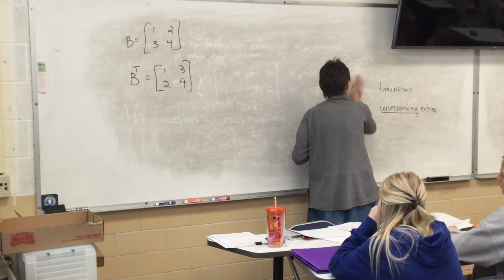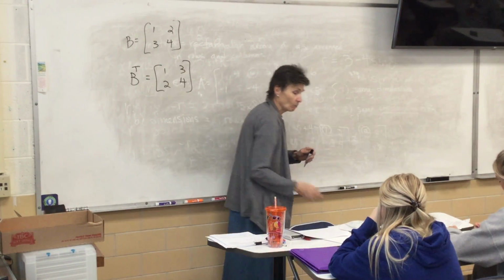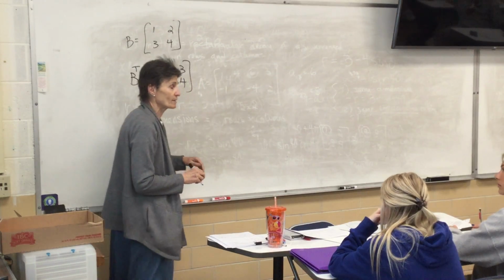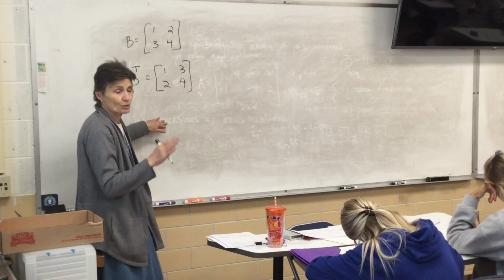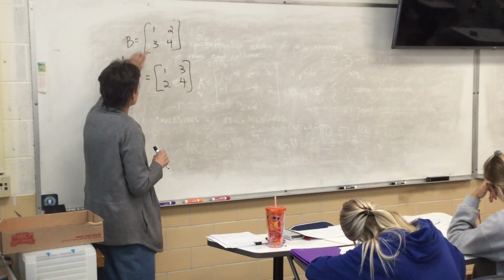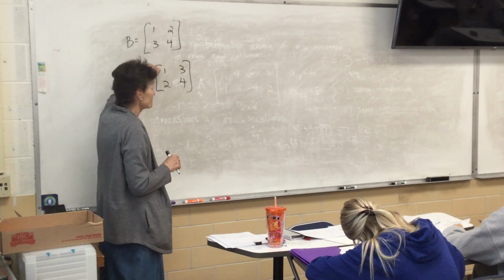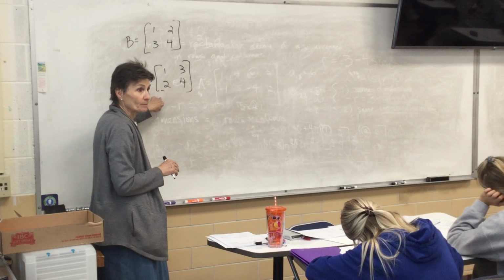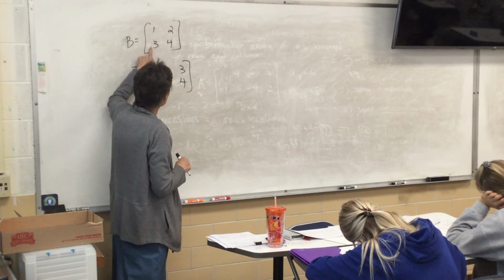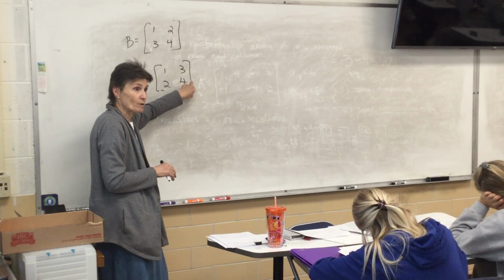Well, when it's a 2 by 2, it's kind of hard to come up with the right definition. But what I did was I interchanged the rows and the columns. When you build the transpose, you interchange the rows and the columns. So if it was a row of the original, it becomes a column of the transpose. If it was a column of the original, it becomes a row of the transpose.